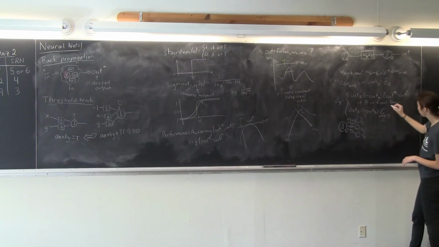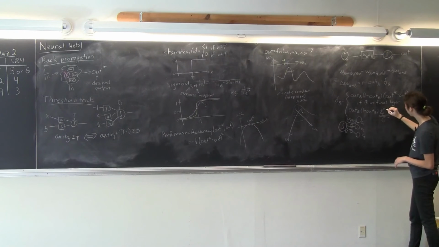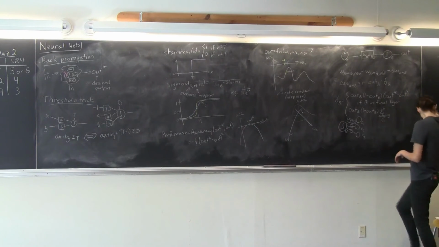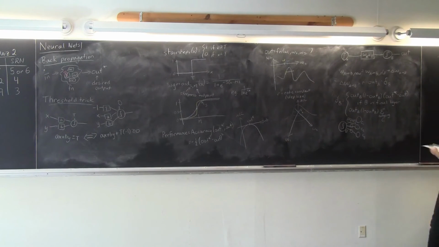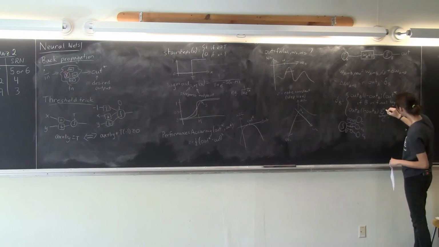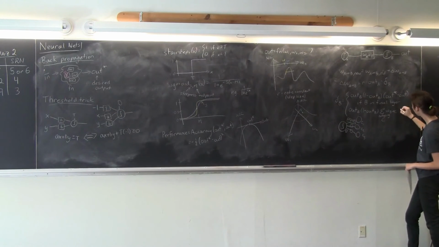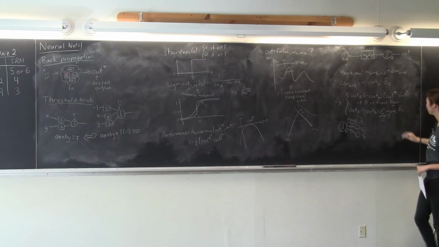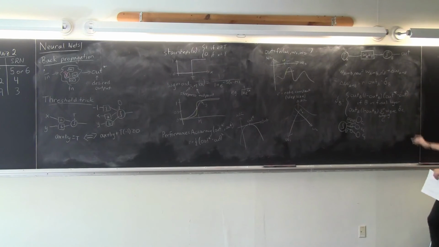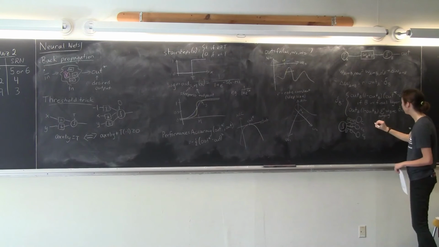And for each of those neurons, we'll take the weight going from B to C sub i, so that's like this weight, times the delta value for this neuron C sub i. And so that's if B is not in the final layer.